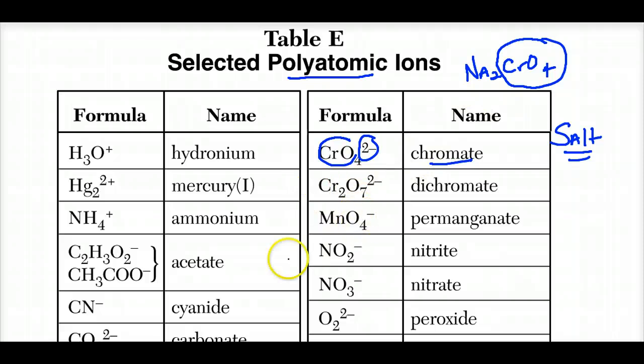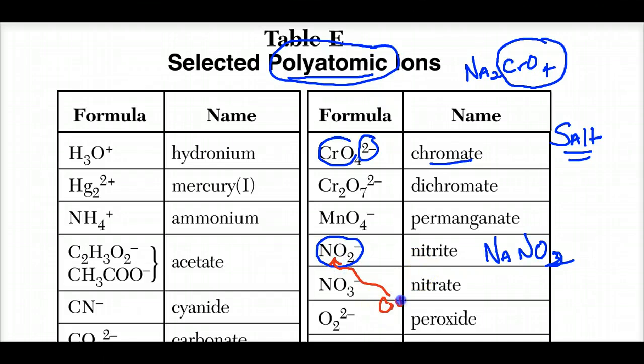These things will break apart into ions. These clusters of nonmetals will attract metals. So this could be sodium nitrate, NaNO3, as you've seen, and it will break apart into Na+ and the nitrate ion. What's special about polyatomic ions is that inside the polyatomic ion, because they are nonmetals, the bonds between the nonmetals are covalent.